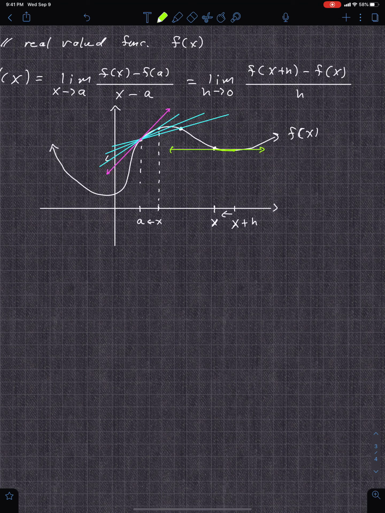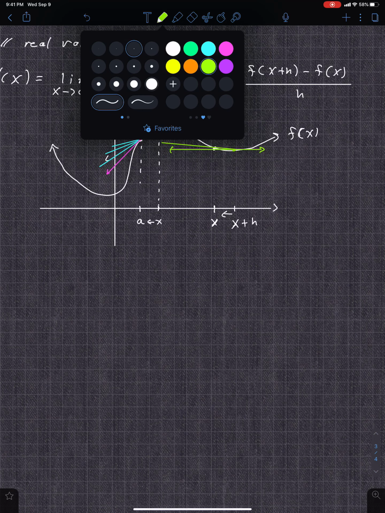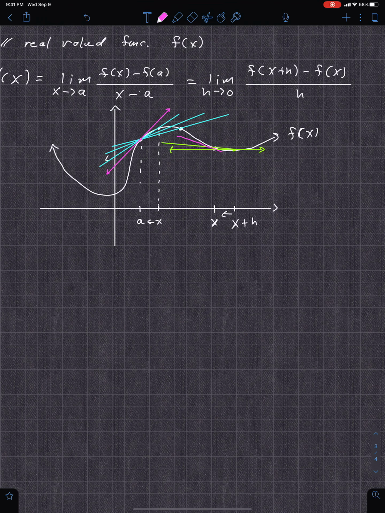So you start getting closer and closer to the actual tangent. It's one of those strange results because at first it looks like 0 over 0. But as you know, those limits reduce to an actual number. So that's what's happening.